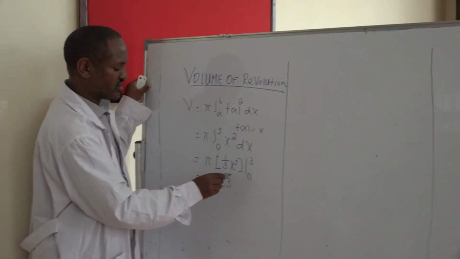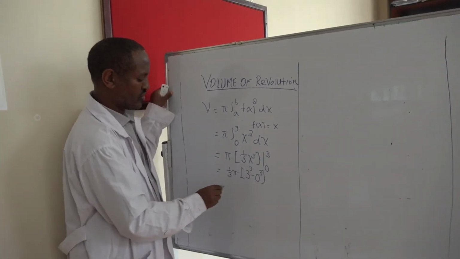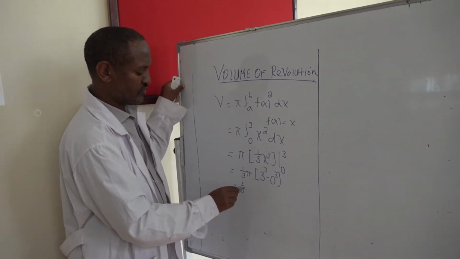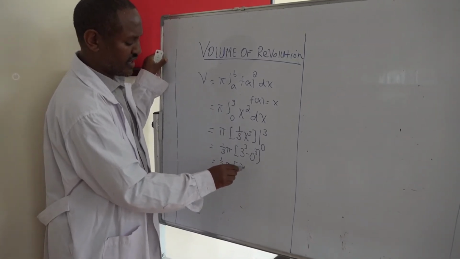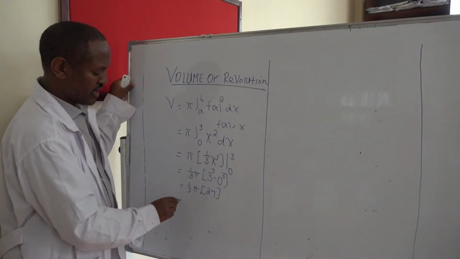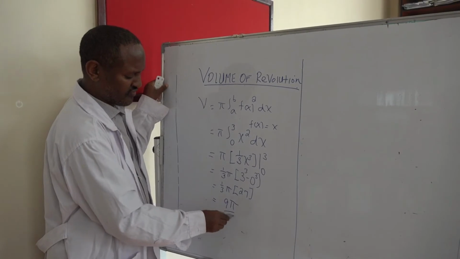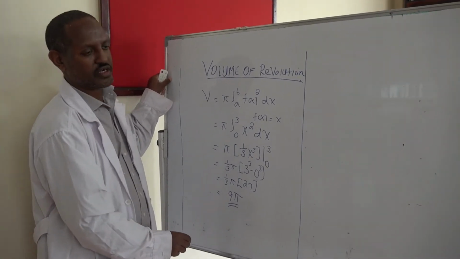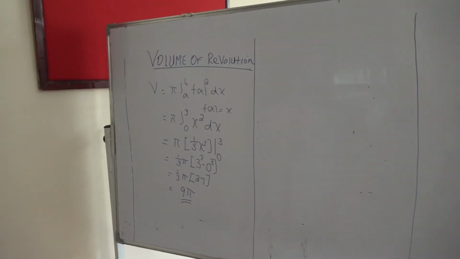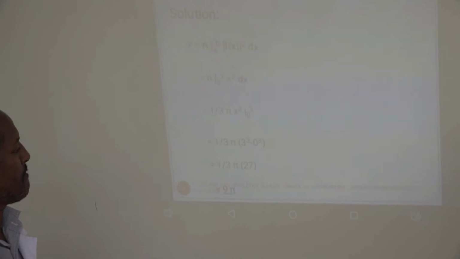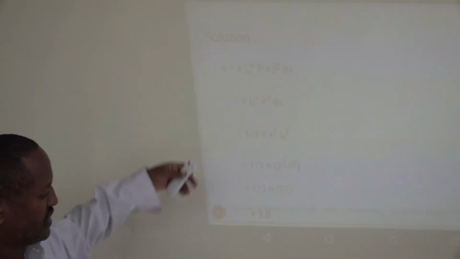That means 3 cubed minus 0 cubed. 1 over 3 pi, 3 cubed is 27, minus 0 is 27, and 1/3 of 27 is 9. Therefore, the volume of the solid figure, or in our case that cone, is 9 pi cubic units. Okay, this is all about the solution of example 1.